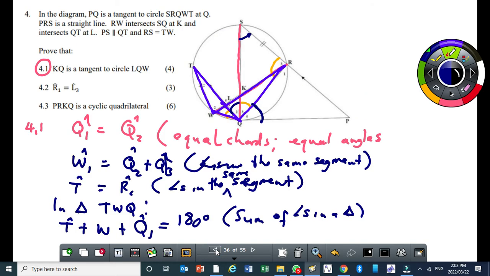Now, you see this equation here. Can I have your attention? This equation here. I'm going to write this equation as T plus W1 plus W2 plus Q1 is equal to the left-hand side of the second one. Right?